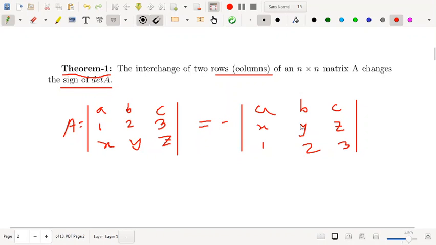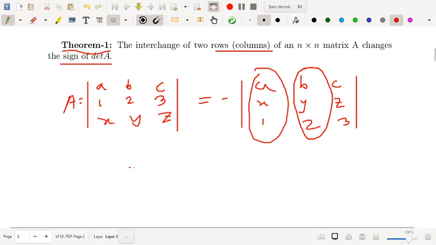Again, I want to interchange first column and the second column. So, again there will be a minus. So, minus minus plus, because you are doing 2 operations. But I am keeping the third column as it is.